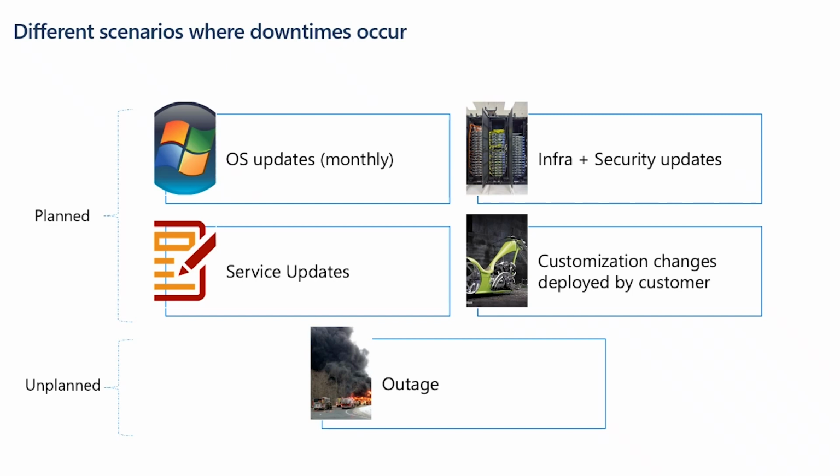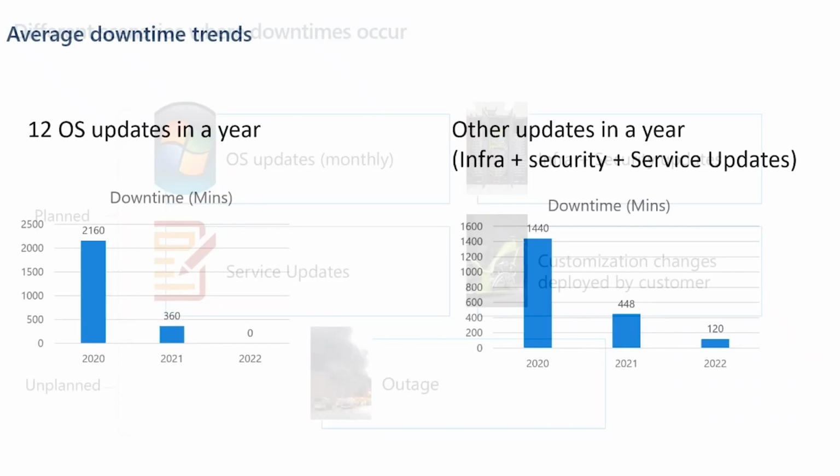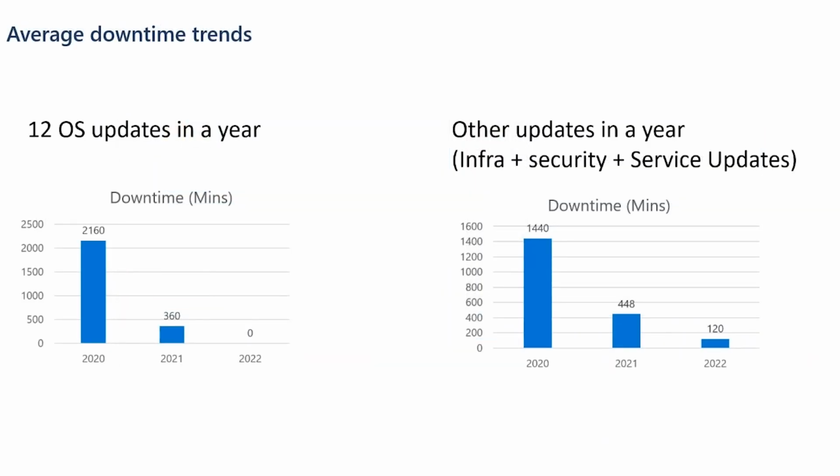I would like to show you the average downtime trends that we have seen over the last 2 years. As you can see, we have made a really good improvement because 2 years ago, in 2020, we used to have a total yearly downtime estimated around 3,600 minutes, which would be 2,160 minutes only for OS updates.